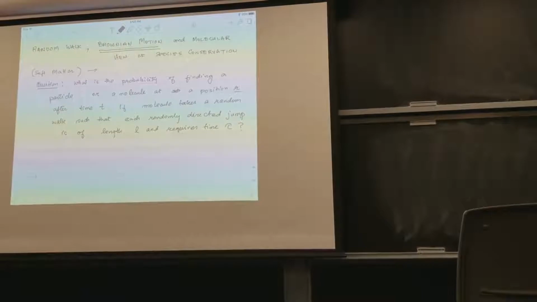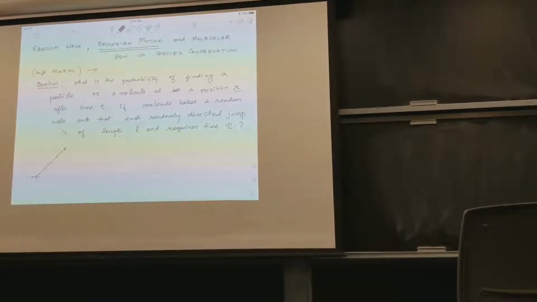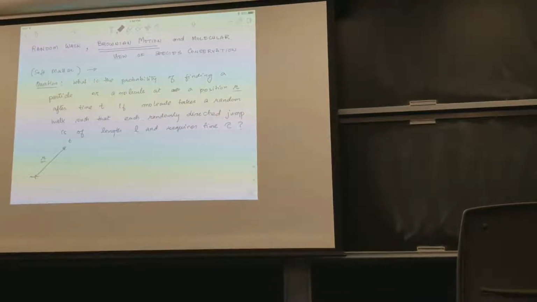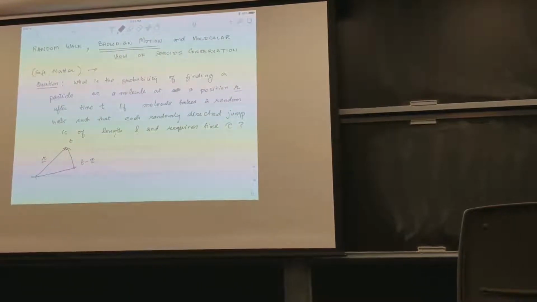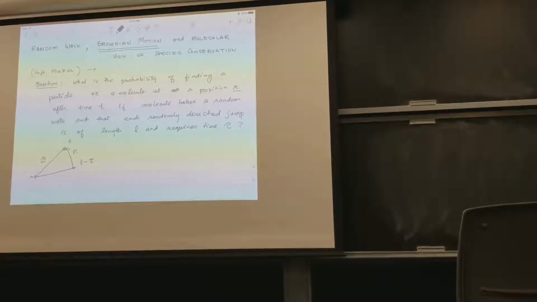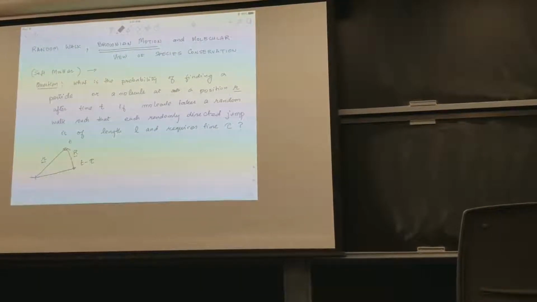So if I were to define my position at time t as r, this position vector r is at time t, and a time interval tau before it, it's at the previous step.